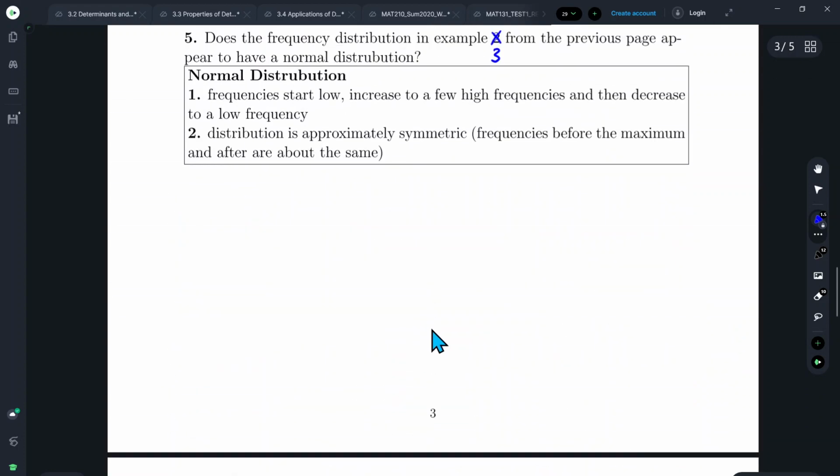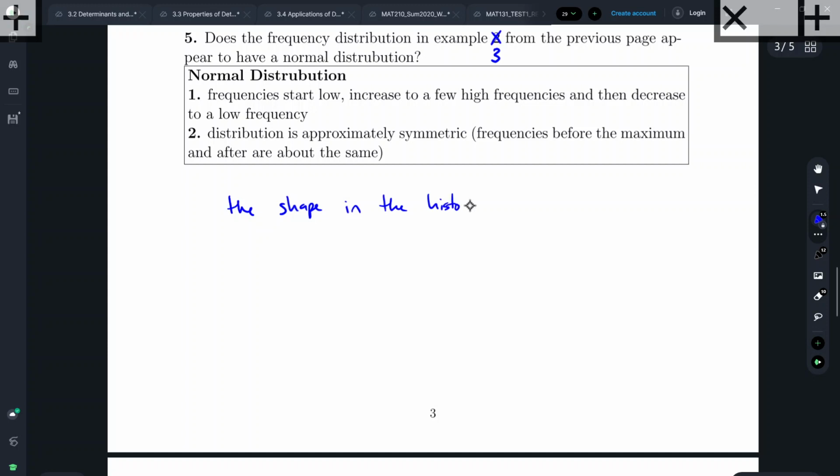So the shape in the histogram on problem 6 appears to be slightly skewed to the right.